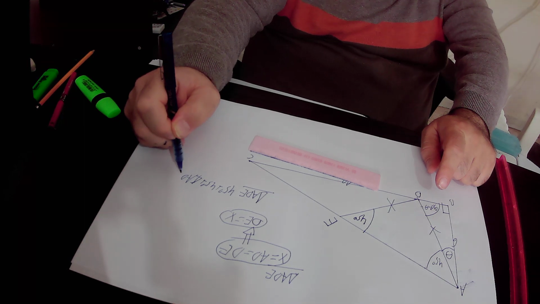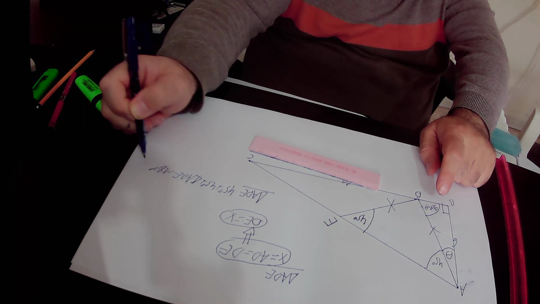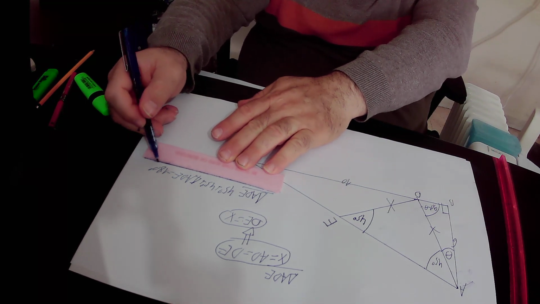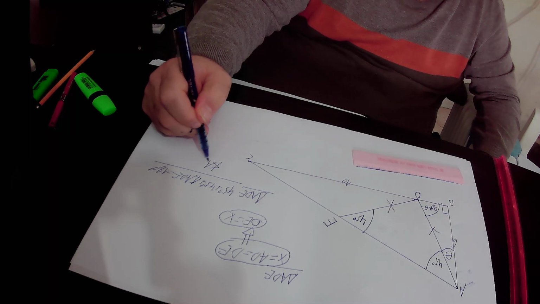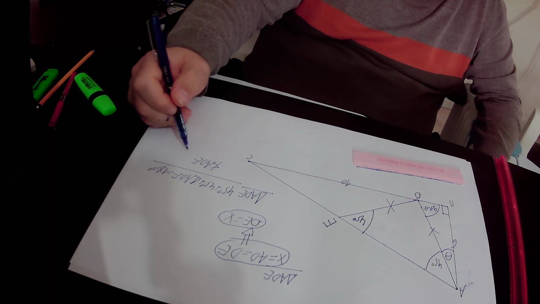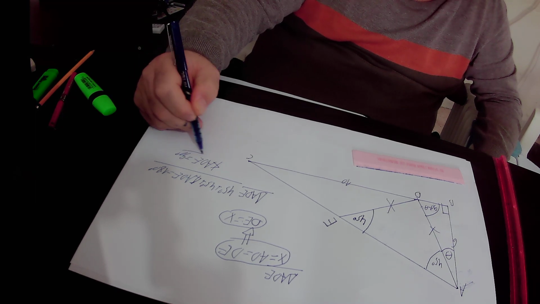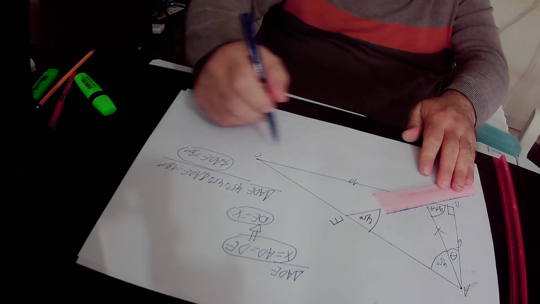In total, the sum of those three angles must be equal to 180 degrees. Here we will subtract 90 degrees from this equation, and we will get that the missing angle, angle ADE, equals 180 degrees minus 90 degrees, which is 90 degrees.